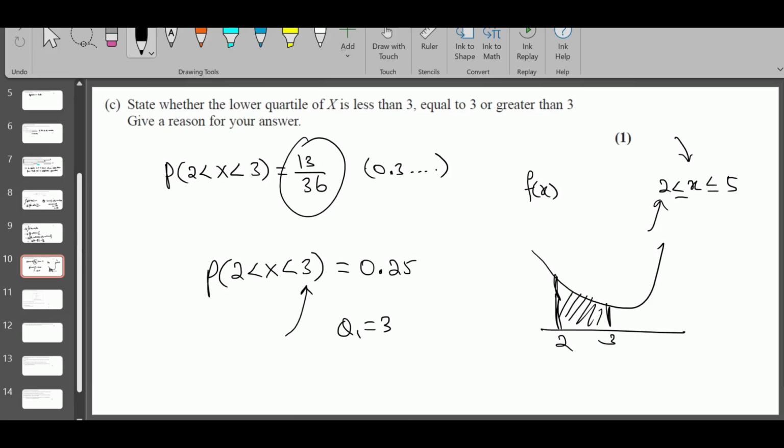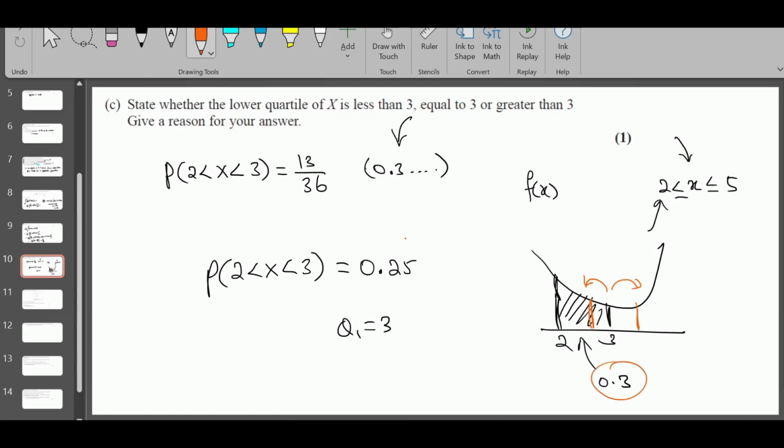But we got the area 0.3 actually. For the lower quartile, from 2 to the lower quartile, the area should be 0.25. So definitely it should be smaller than 3. If the lower quartile is bigger than 3, the area will be more than 0.3, right? That doesn't make sense.